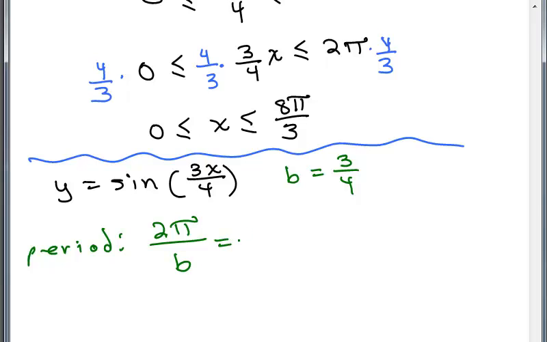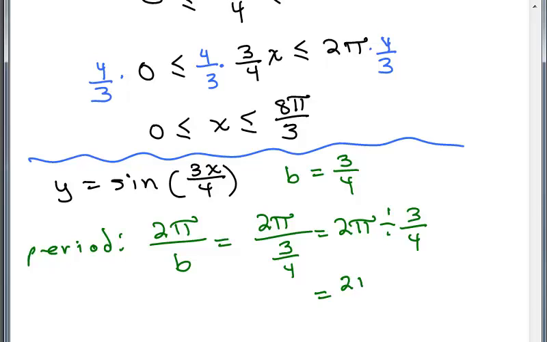So what is it in this case? It's 2 pi divided by 3/4. Now this confuses some people, but remember that just means, like I said a minute ago, 2 pi divided by 3/4. And what's that? That's 2 pi times 4/3. And there we go.